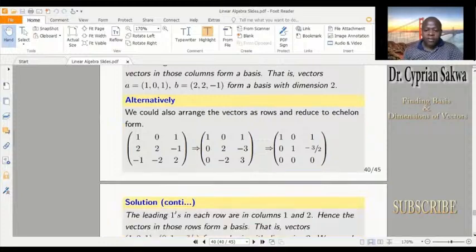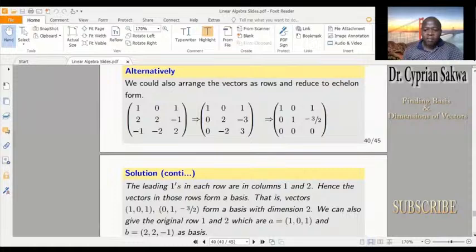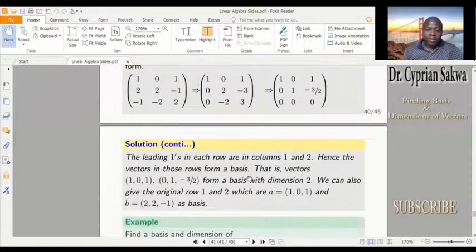The other way, if you arrange the vectors in rows, the other way that we would come up with a basis is that after identifying the leading ones, column 1, column 2, and I've already said that the vectors in those rows form a basis. So I can take vector A and vector B to be the basis, just the same way I had explained.